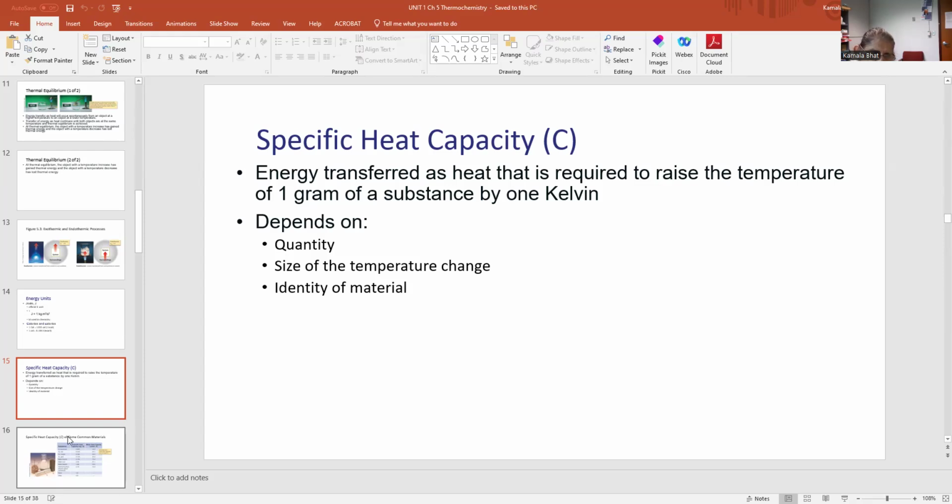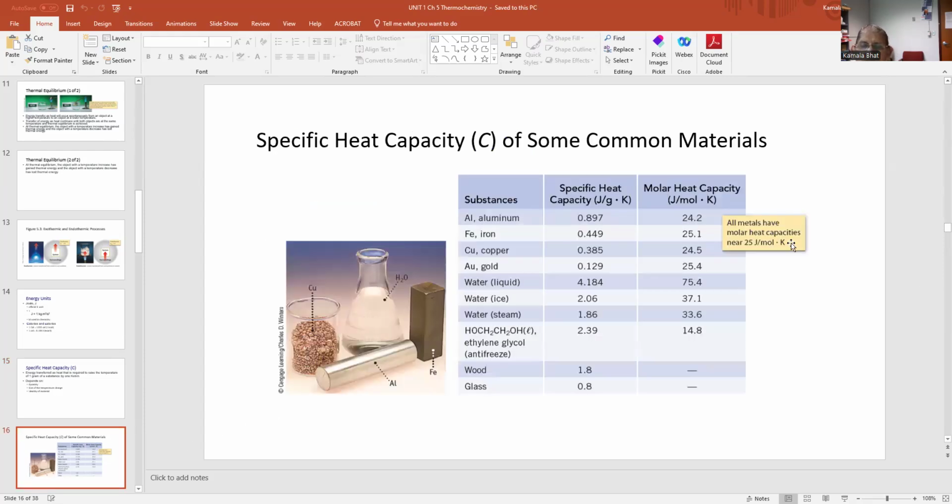the temperature change. Now here you have different materials and their different values of specific heats, and the same material in different phases, that means different states. We can use this information to calculate the change that is taking place.